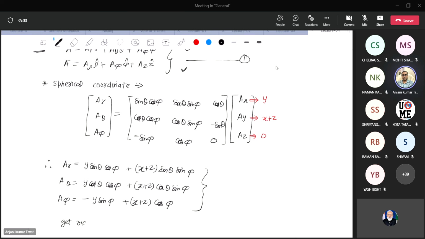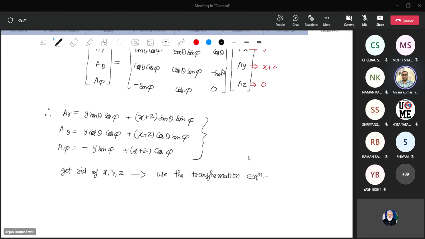So let me just write down. We have to get rid of x, y, z, and for this we can use the transformation equation. What is the transformation equation? x equal to r sine theta cos phi, y equal to r sine theta sine phi, and z equal to r cos theta.